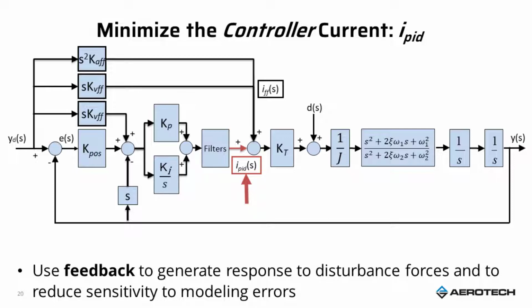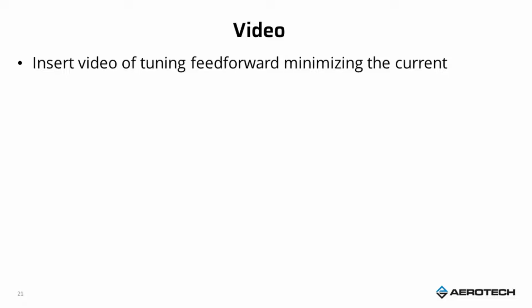And the only reason we would have a current coming out of the control law then is to accommodate for whatever disturbance forces are in the system that we don't have modeled in the feed-forward control. So we'll see a video of how to minimize that current now.